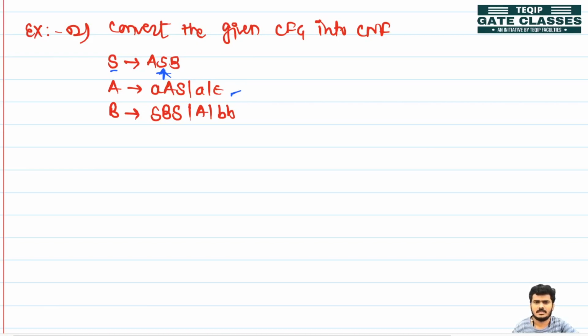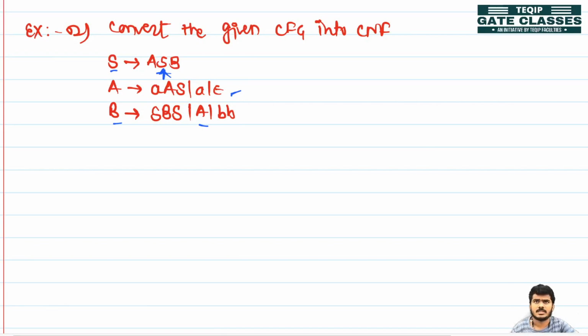Next step says to check whether the grammar has unit productions, and if so, we have to remove them. Here B is producing capital A, so it contains a unit production, so we have to remove it. Follow the steps we followed while eliminating unit productions.